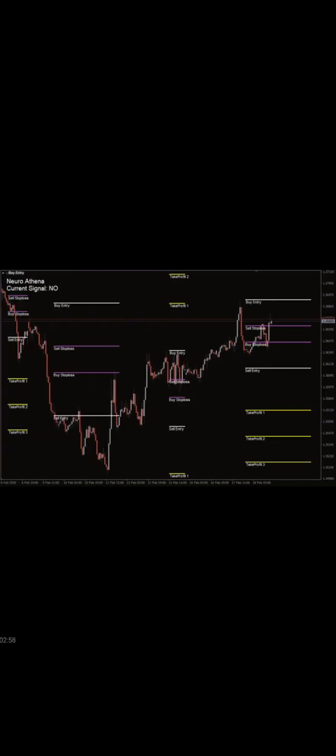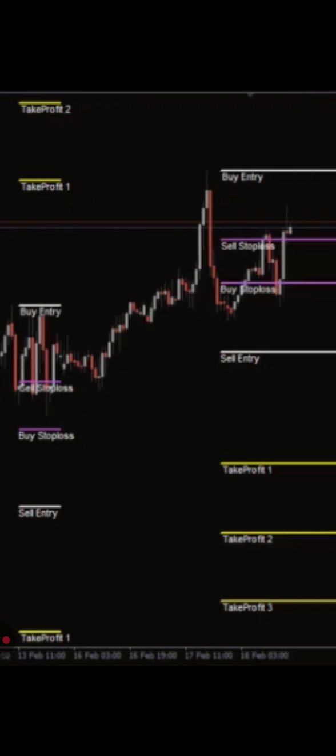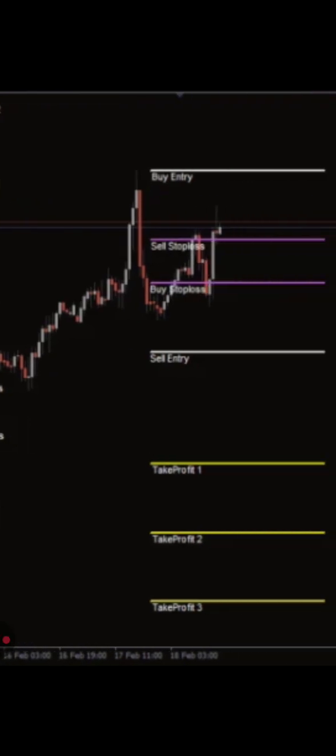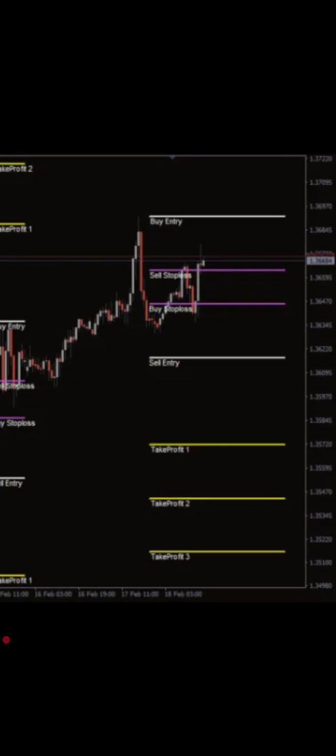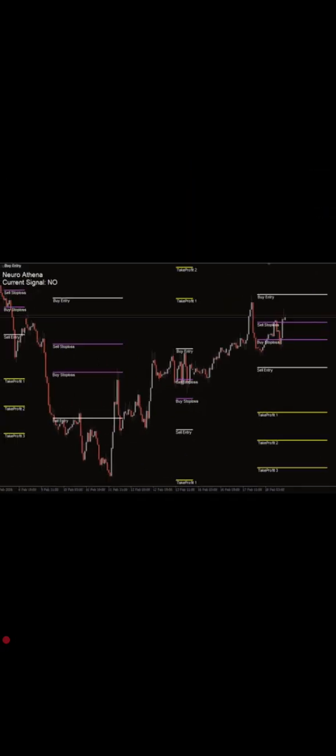So we have this one, guys. This is one of the best, guys. As you can see, it gives you entry, take profit and second take profit. Let me show you on this other picture as well. As you can see on this one right here, it's still loading.